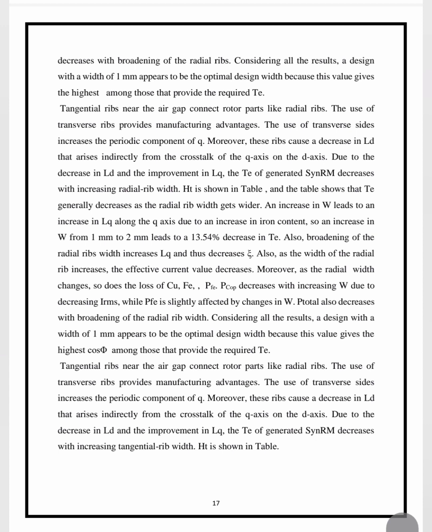Due to the decrease in the insulation ratio along the D axis and improvement in the insulation ratio of the Q axis, the output torque of the fabricated synchronous reluctance motor generally decreases.